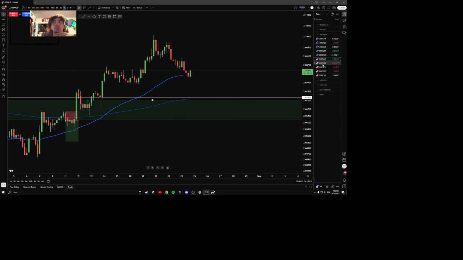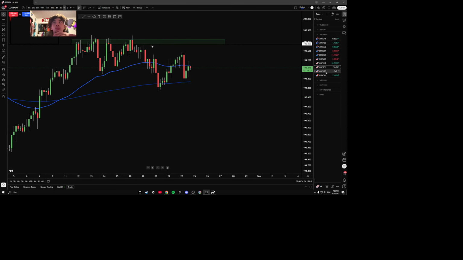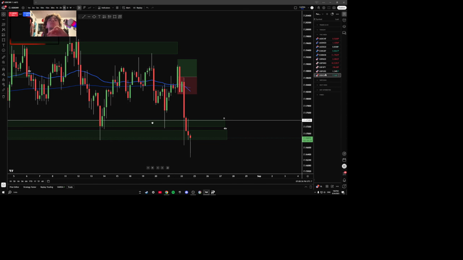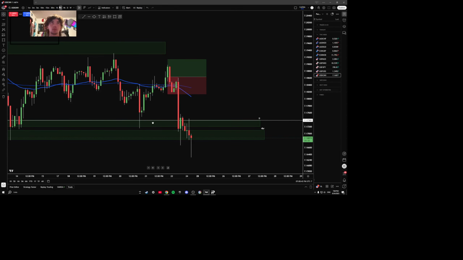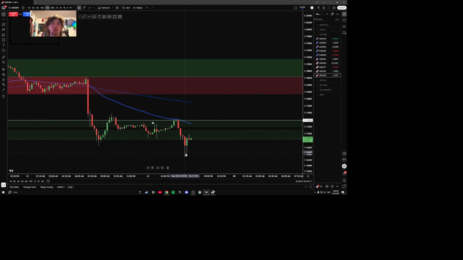GBP AUD. Yup. Wait for a 2-hour engulfing to buy this. Bearish. Cool.